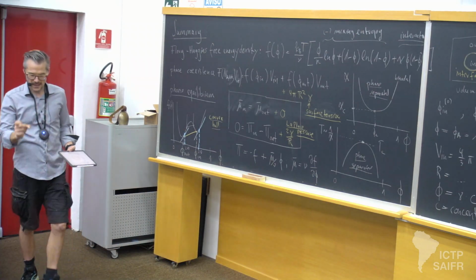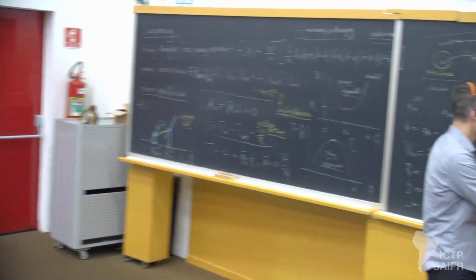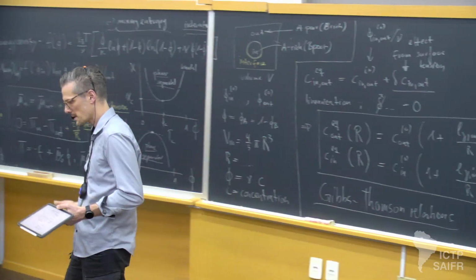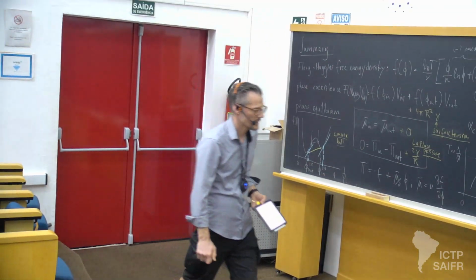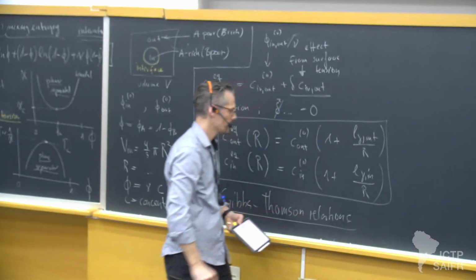So when you have a very tiny droplet, this effect can be quite significant, which means that the actual measured concentration inside and outside is uplifted by the effect of curvature, by the effect of surface tension, and it scales with 1 over r, so small r means big changes.